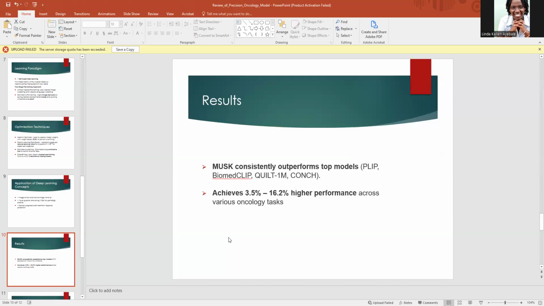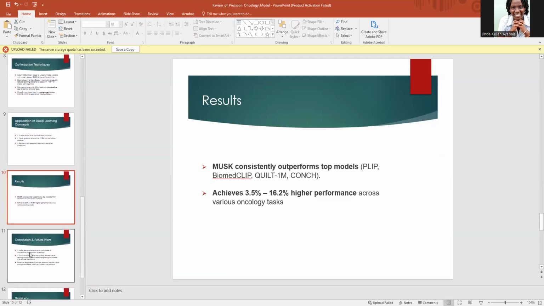It achieves accuracy that is 3.5% to 16.2% higher across the various oncology tasks. The paper describes all of them, but I just gave a range. This shows that MASK was really accurate compared to all the other top models that have been around.